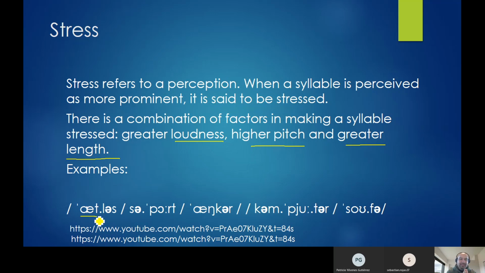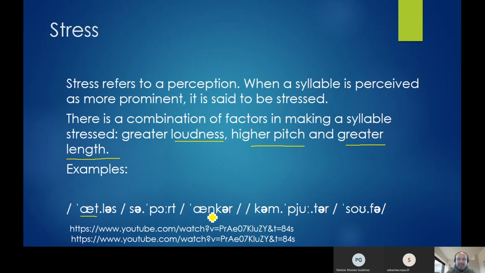And in the case of the second example, support, the second syllable is the strong syllable, and the first one is the weak syllable. So schwas are always going to be in weak syllables, in syllables that are shorter in terms of duration or length. They are going to be not loud. Okay.